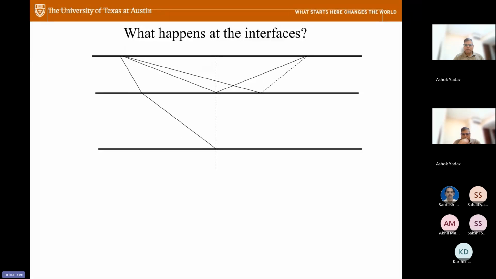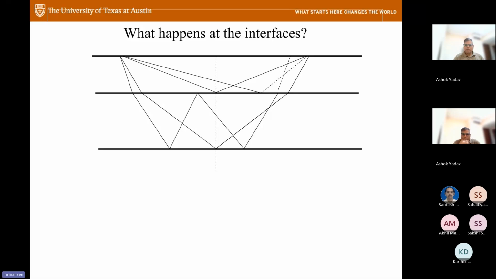There can be transmission, reflection, and there can be transmission, reflection, another reflection, then it can be converted to shear. So all of these paths are possible. So how many paths are we talking about here? You can't count. It's an infinite number.